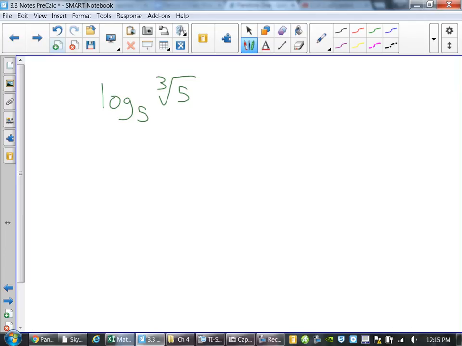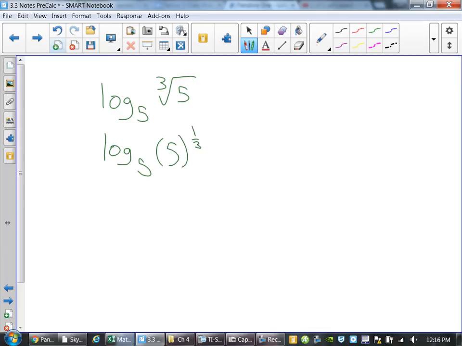Very good. Remember, when you have your nth root, this is where some of these nth root things come back in. Your nth root of x is x to the 1 over n. So you could rewrite this as log base 5 of 5 to the 1/3.